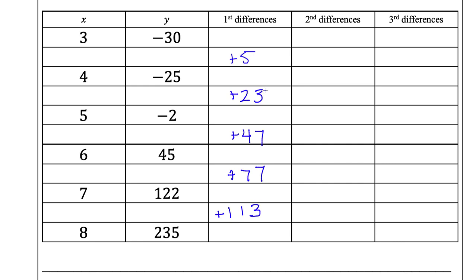5 to 23. What do I have to add? Notice that these all are not constant, which is why I'm continuing. 5 plus what is 23? I have to add 18. 23 to get to 47, I have to add 24.